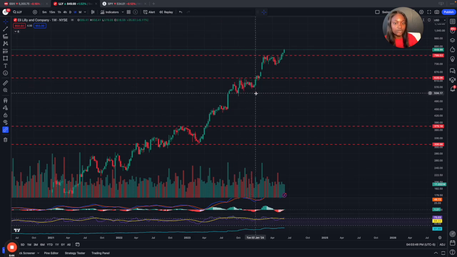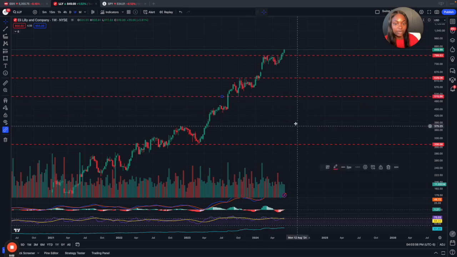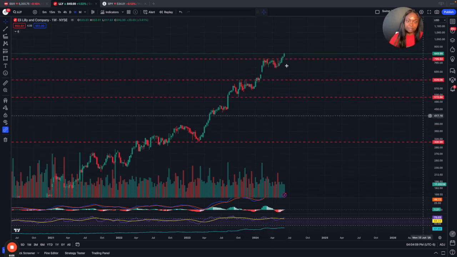We see lows around this area here. So we're going to take this level and move it up here, and I'm going to put it at the wick where that low came from, here about 516, and then price pushed back up to 624.